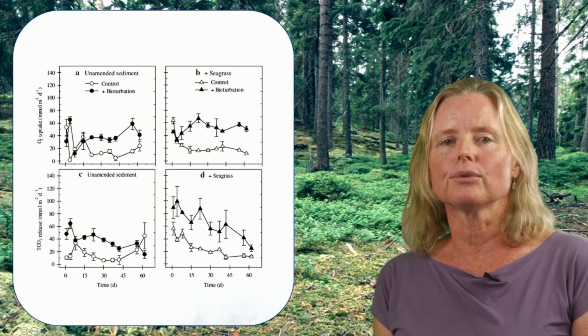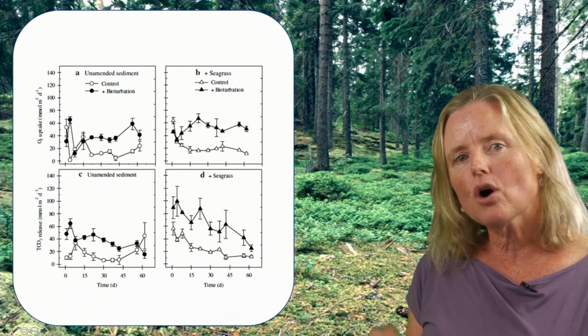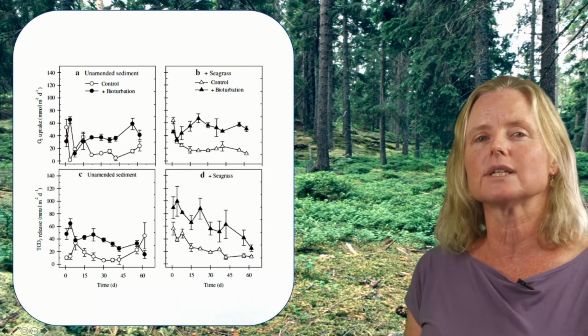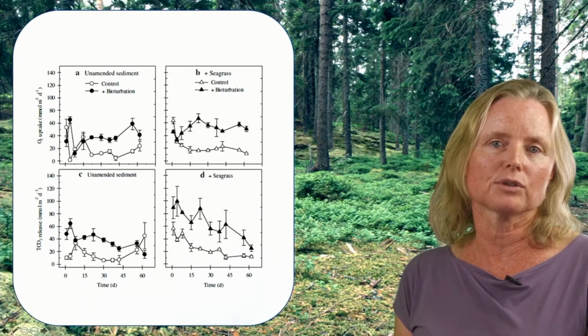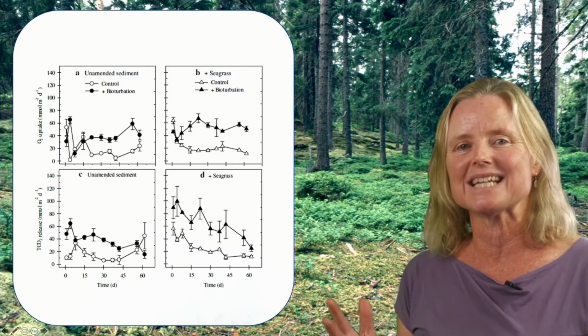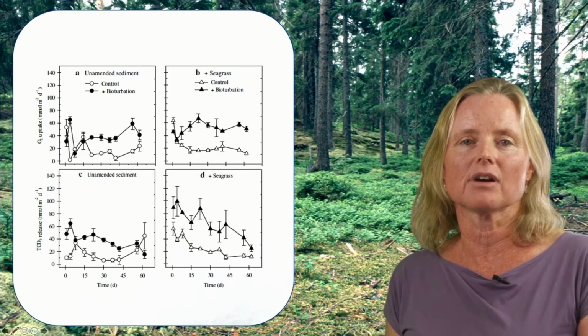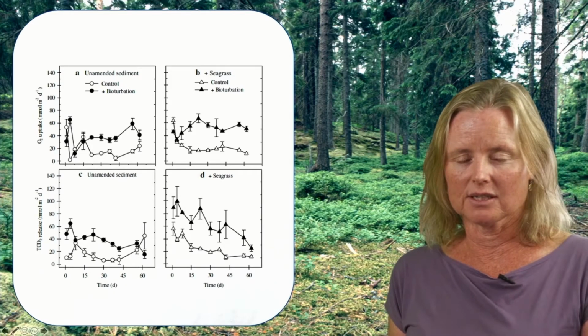Let me walk you through one of their main results. Here, they have measured both oxygen uptake in the top two panels and total CO2 release in the bottom two panels in each of their treatment microcosms over a period of about 60 days. On the left are the treatments without the addition of seagrass, and on the right are the results from the treatment with the addition of seagrass to the microcosm.